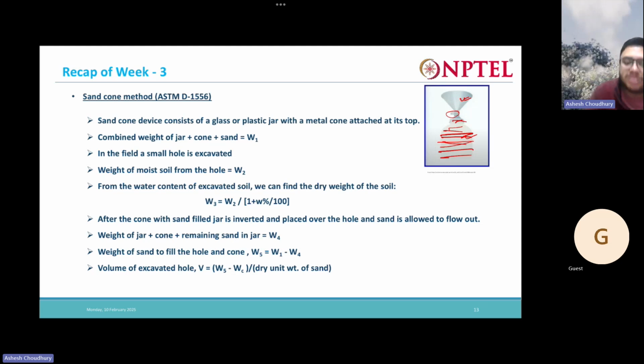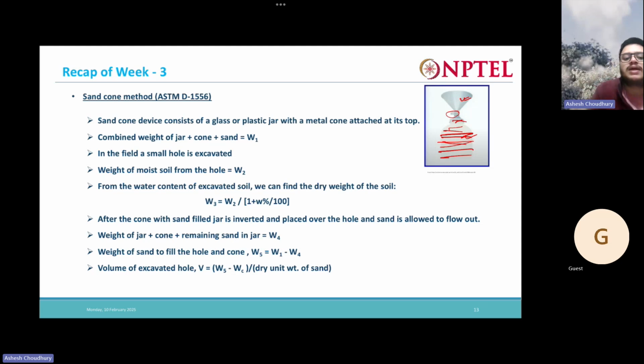Then you take the weight of the jar plus cone plus remaining sand in the jar, which is W4. Some sand goes into the hole, and some fills the cone just over the hole when you lift the jar. So the weight of the sand to fill the hole and the cone is W5.